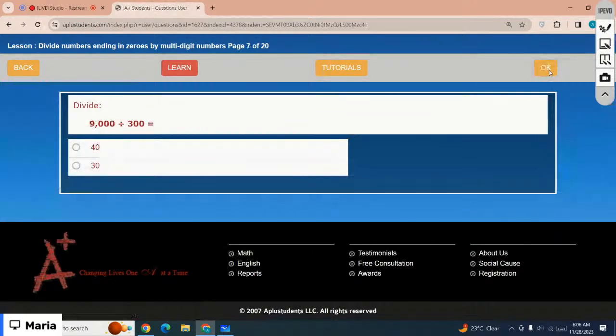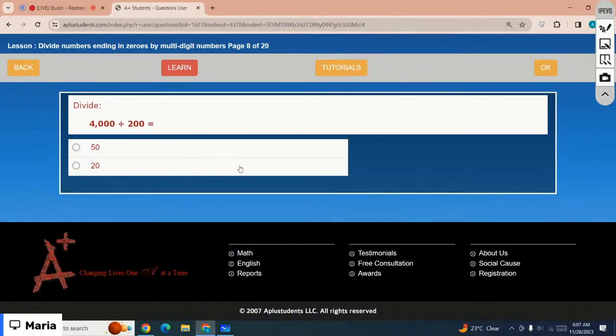9,000 divided by 300, which is the correct option? Yes, that is 30 again. 4,000 divided by 200, which is the correct option? 20 it is.